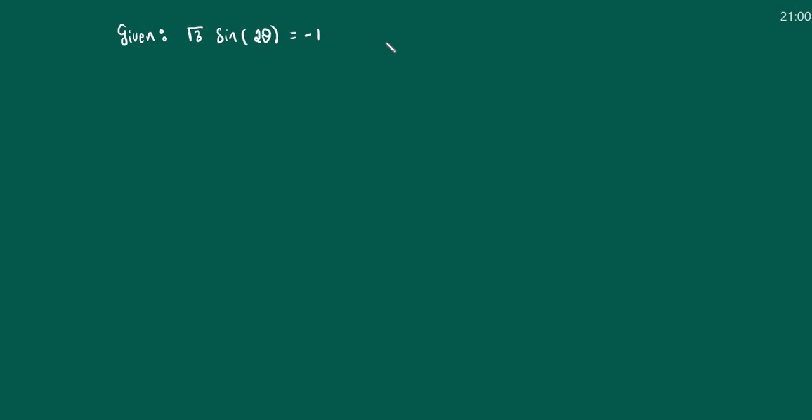The first thing we must do, and then they tell you that 2 theta is an element from 90 degrees to 270 degrees. This is what they give you there. So what do we do? Immediately draw a diagram.